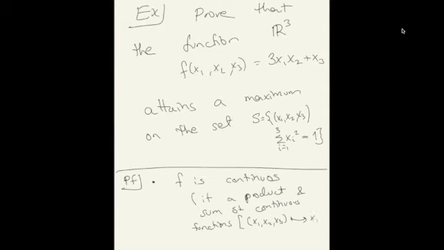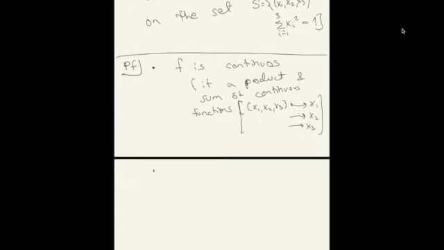So one function mapping to x1, and another function mapping to x2, and another map to x3. So these projection mappings are continuous. Now, okay, so the function is continuous. We are looking at restricting the function to S. It's defined on all of R3, but its restriction onto S is also continuous.